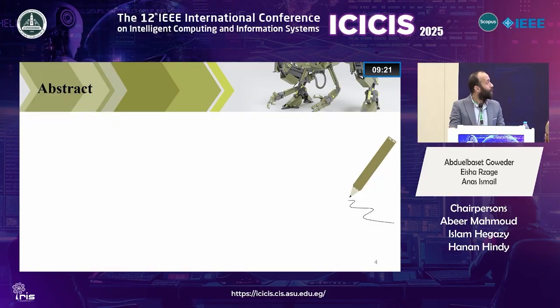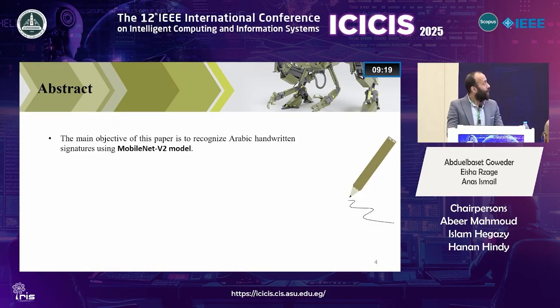So the main issue we are trying to solve here is how to detect if a signature is fake or not. And this is already done in many publications before, but in English signatures, there are few studies about Arabic signature verification. So the main objective of this paper is to recognize handwritten signatures using MobileNet version 2 model.